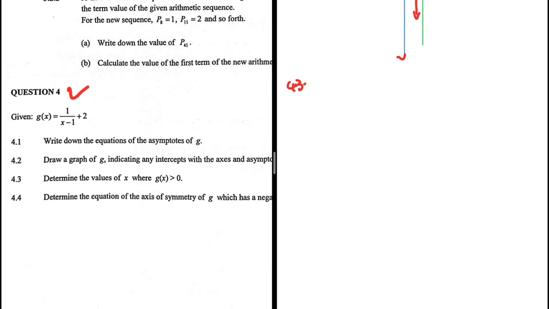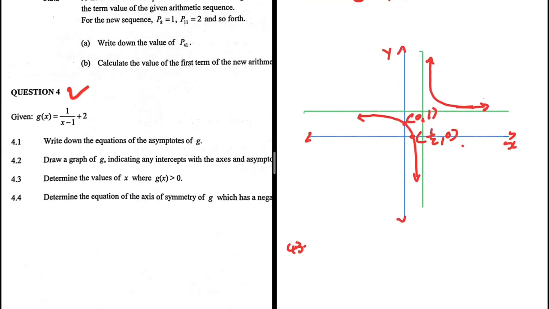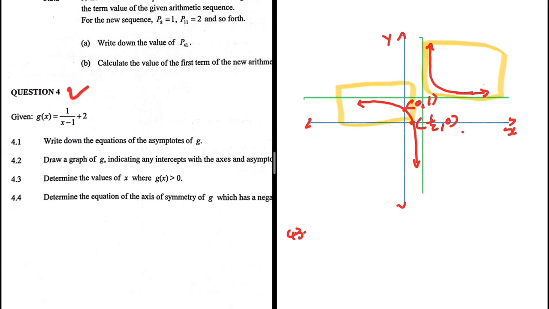Right, 4.3, determine the values of x for which g of x is greater than 0. So let's stick to our sketch here. We can see that in this part, g of x is greater than 0. We can clearly see that. And then another part where g of x is greater than 0 is this part, from x is equal to a half, this part, up to negative infinity. g of x is greater than 0.